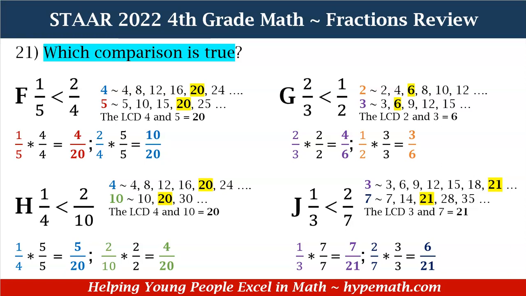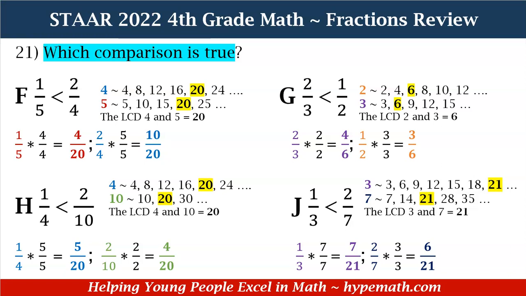So my equivalent fraction for 2/3 is 4/6. Now let's look at 1/2. Again, my LCD is 6, so I'm going to multiply my numerator and denominator by 3. Multiplying my numerators across, 1 times 3 is equal to 3. 2 times 3 is equal to 6. So my equivalent fraction for 1/2 is 3/6.